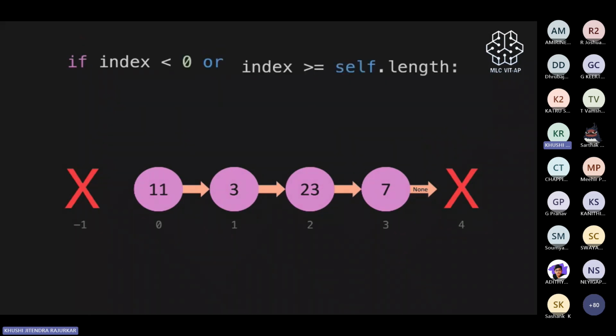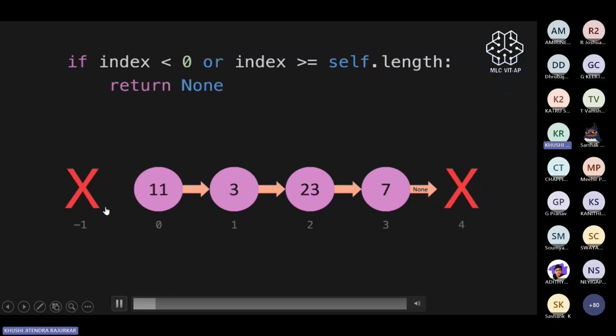And in that case, we'll be returning none. We won't return false or true, anything like that, since we'll be removing our element. If there is no element to remove, you won't return false, you will return none instead, because there is no element in those locations. So we handled our first condition.